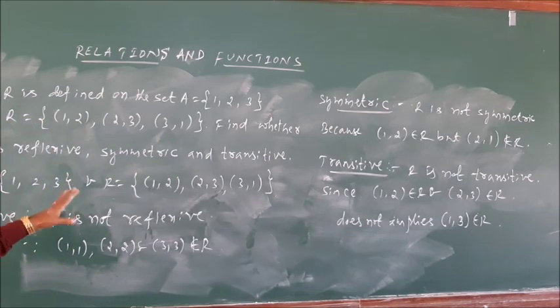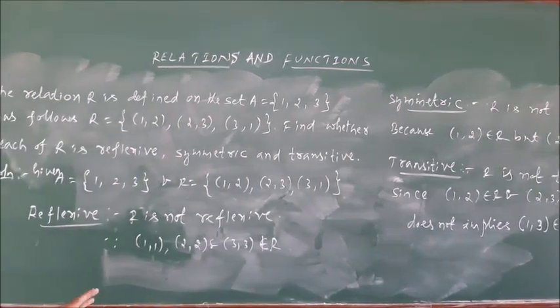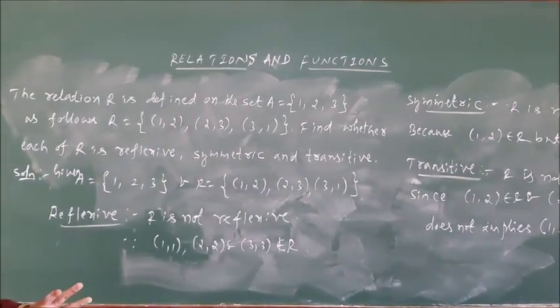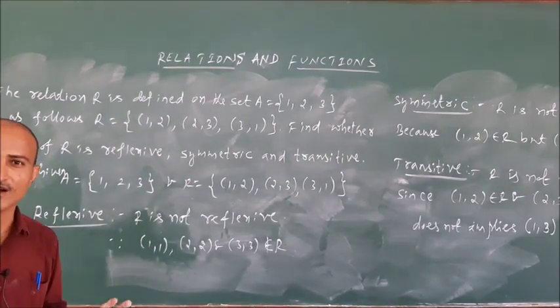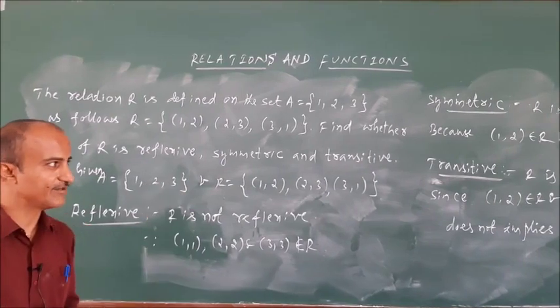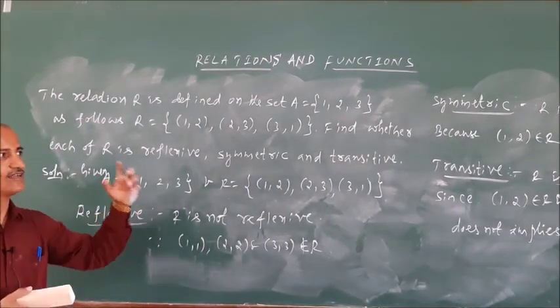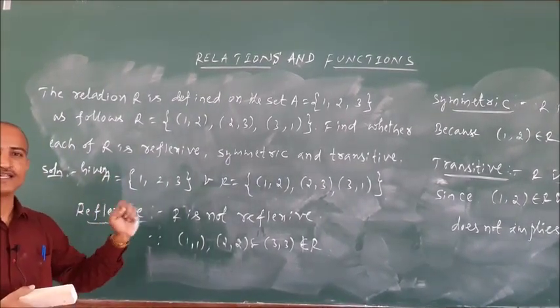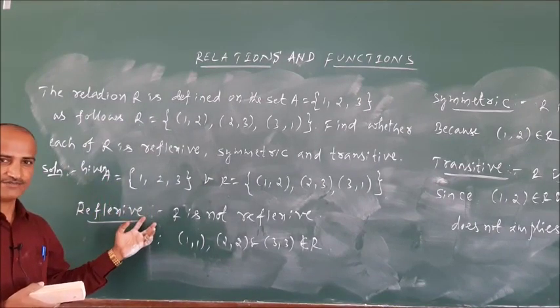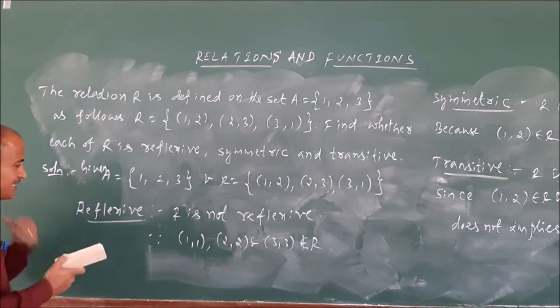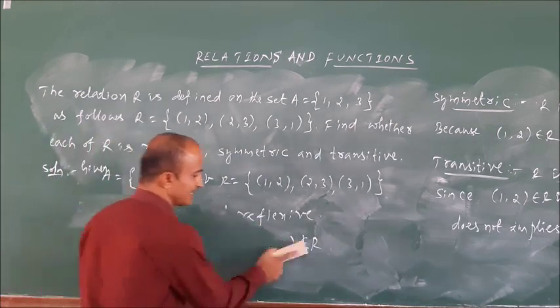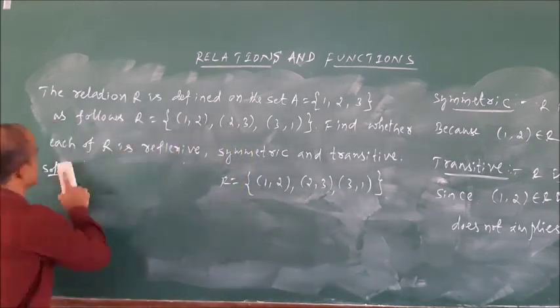So, the given relation is neither reflexive, nor symmetric, nor transitive. This is how we can examine whether the given relation is reflexive, symmetric or transitive. We shall see some more examples related to relations.